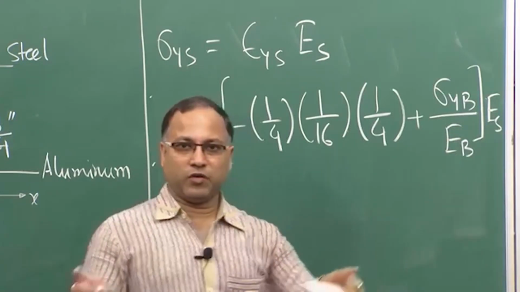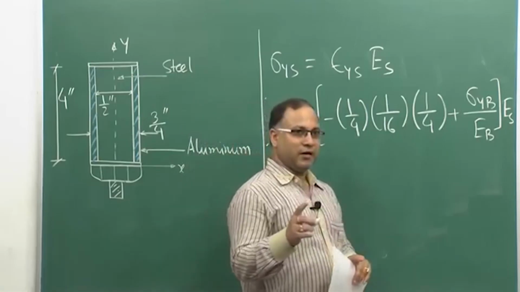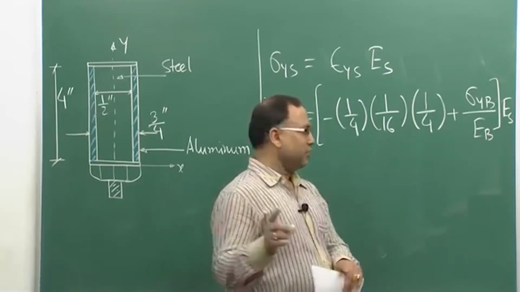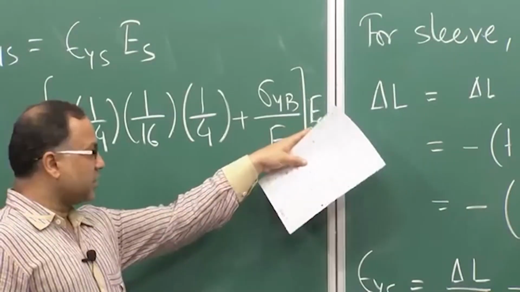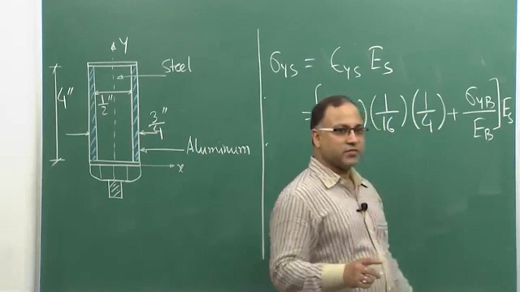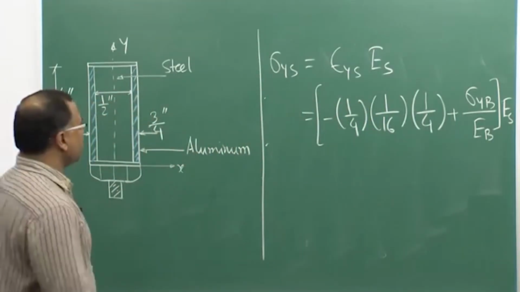E sleeve is for E aluminum, the sleeve is made of aluminum. So, E s is not E of steel. This S stands for sleeve and this B stands for bolt. Do not get confused with that.